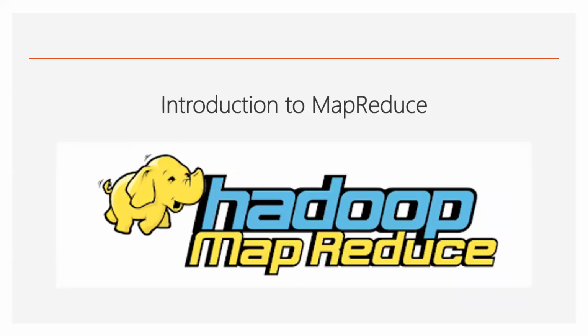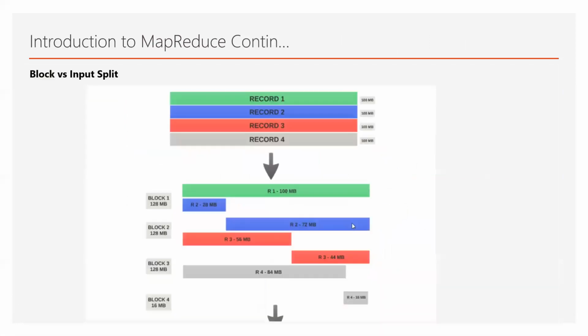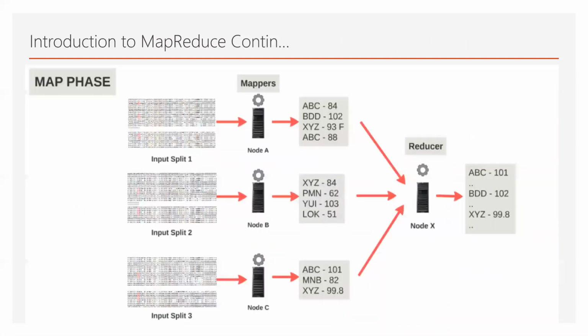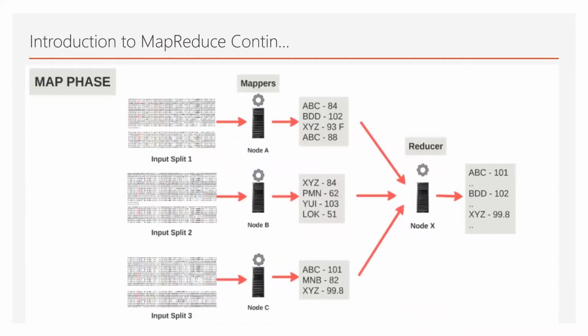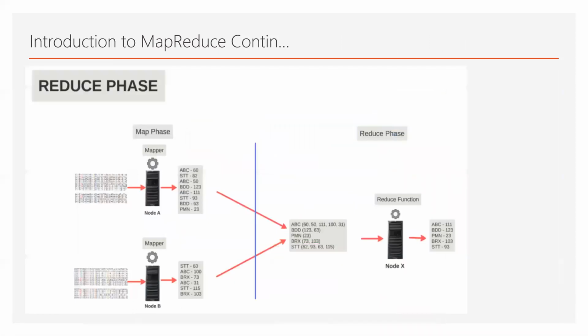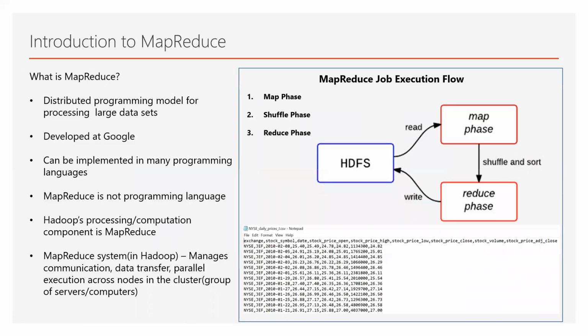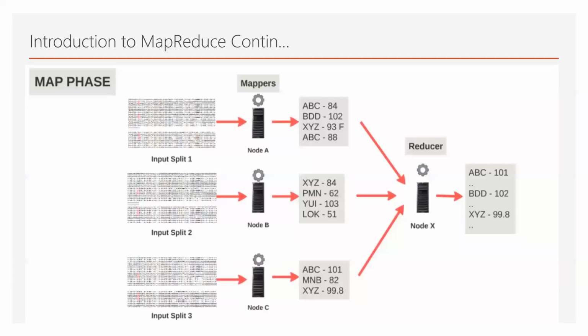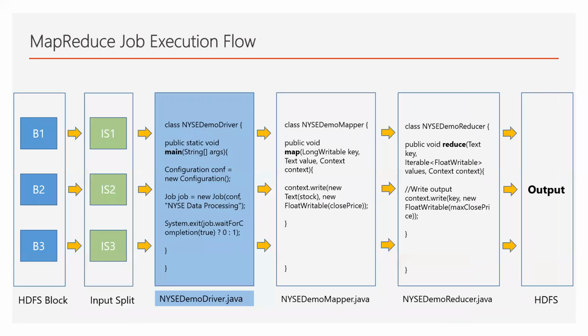I think we are almost done. We'll start MapReduce tomorrow because it's going to be a longer discussion. Tomorrow I'm going to help you understand how MapReduce internally works, and we are going to see a hands-on example of MapReduce.